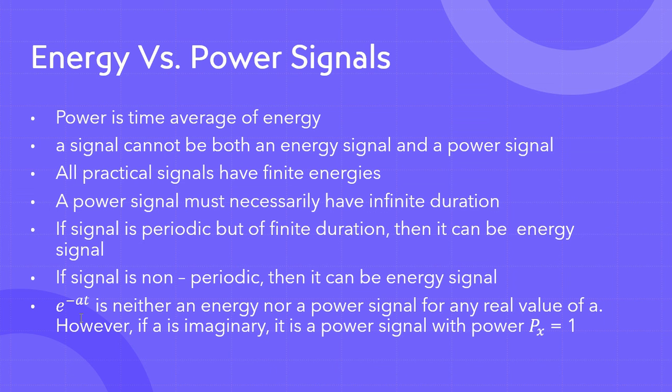Now let me mention some other cases. Another case is a ramp signal. If you calculate its power and its energy, you will find out that the ramp signal is neither an energy signal nor a power signal. Because what is a ramp signal?